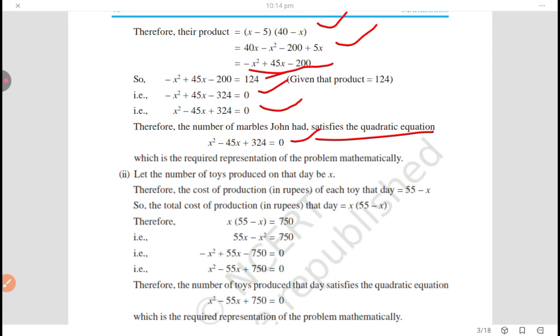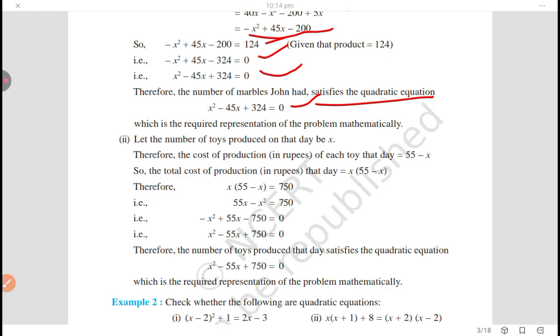So let us see this question. Let the total number of toys produced on that day be X. Therefore the cost of production of each toy on that day is 55 minus X. So the total production cost on that day is X into 55 minus X. Therefore X into 55 minus X equal to 750.